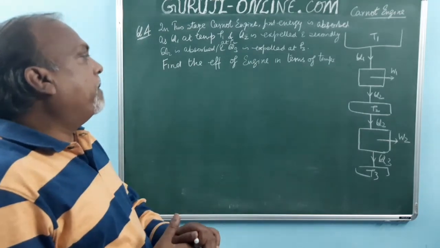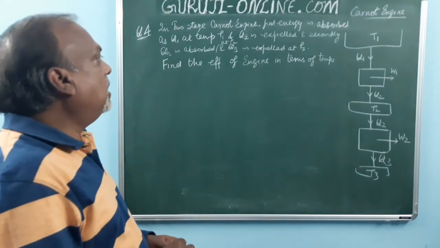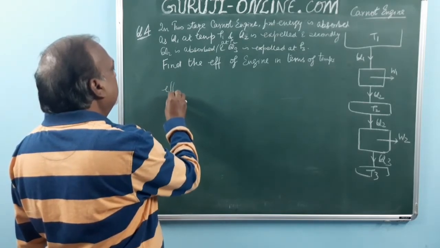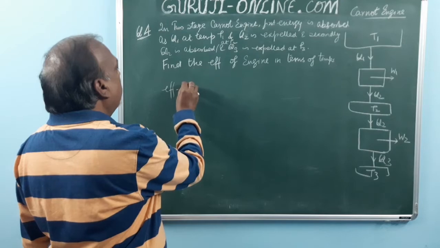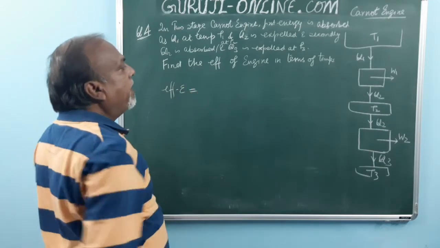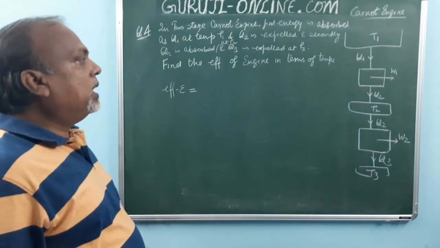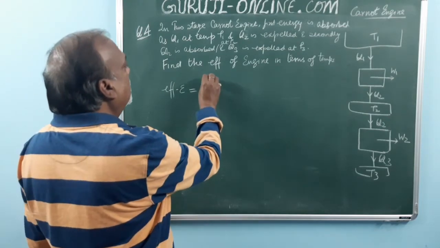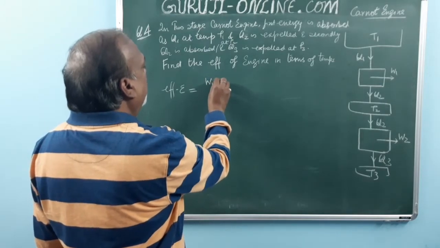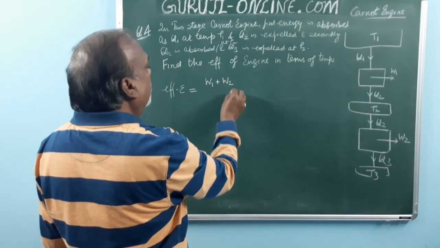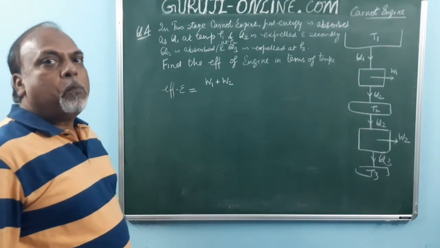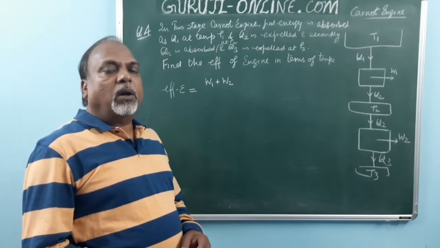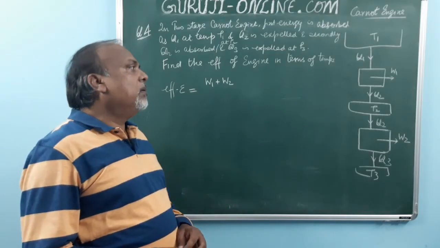So basically, from the basics, we know what is efficiency. What is output? Output is basically W1 plus W2. Correct? This is what this Carnot engine is doing.